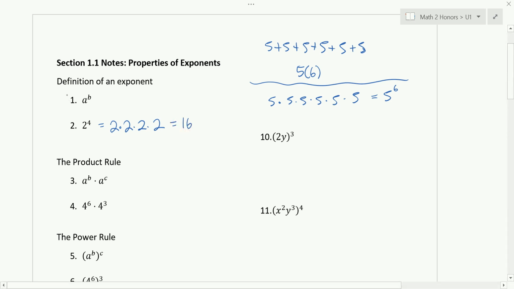So in general, on number 1 here, A right here is what we call the base, and then B's our exponent. And so this would mean we have A times A times A, and it keeps going B times, whatever B is. Okay.